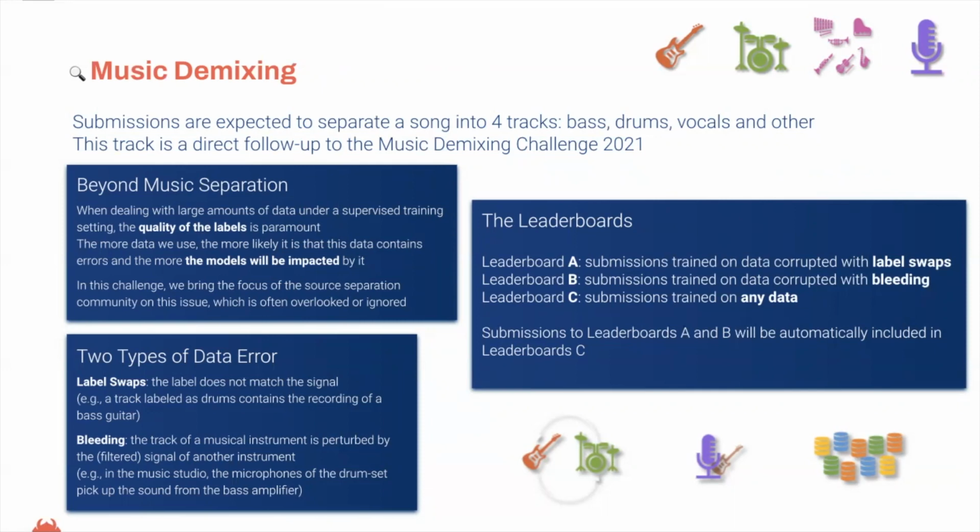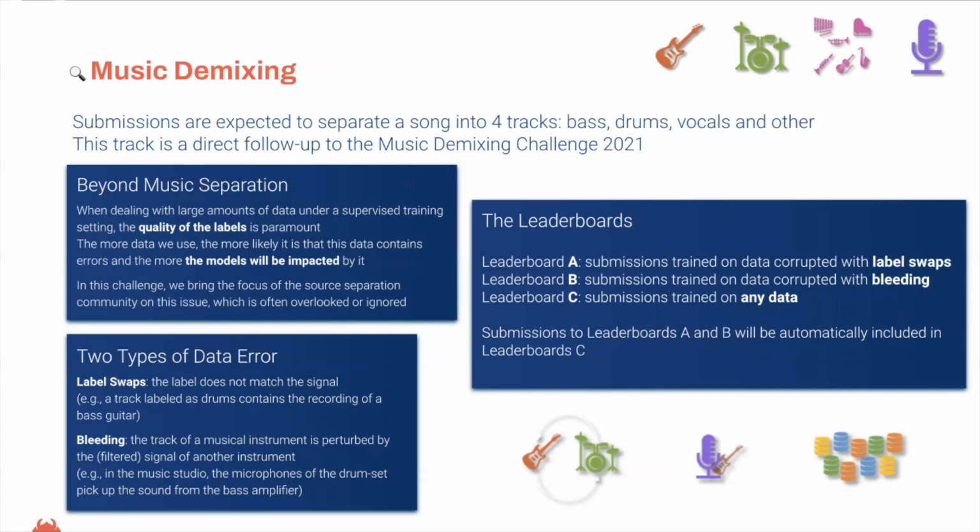The formula is the same, in the sense that the submissions are expected to separate a song into the 4 common tracks: bass, drums, vocals, and other. We assume that other as a category contains any other instrument that is not bass, drums, and vocals.